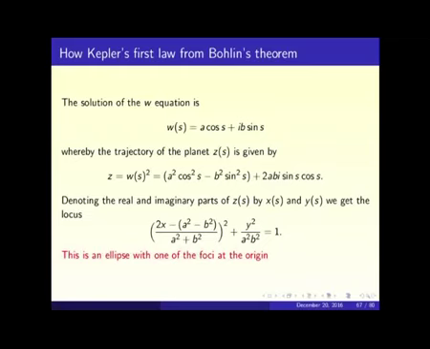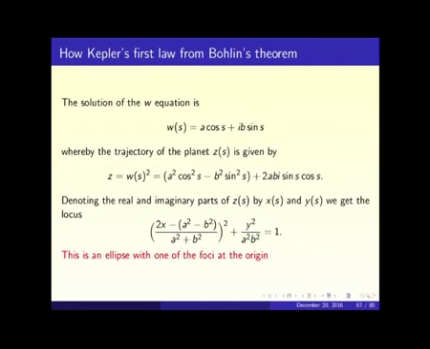Eliminate the cosine and the sine. First write cos squared s in terms of cosine 2s, sine squared s in terms of cosine 2s, 2 sin s cos s in terms of sine 2s. Use the equation sine squared 2s plus cos squared 2s equal to 1 and you get this equation.